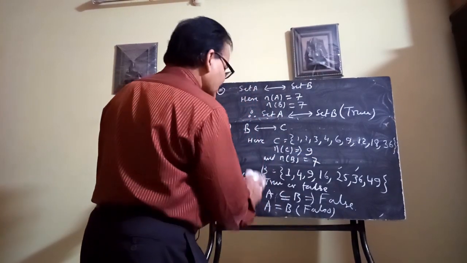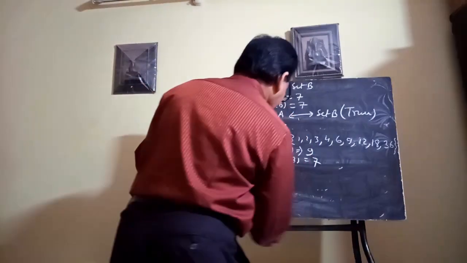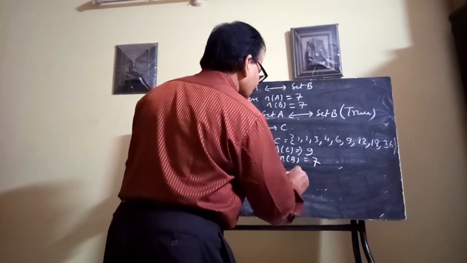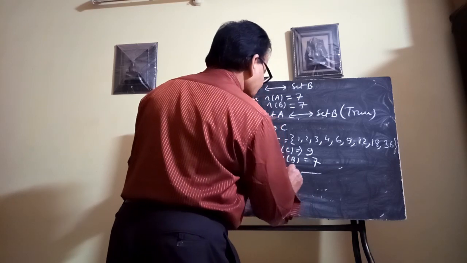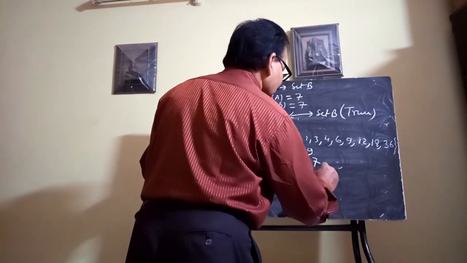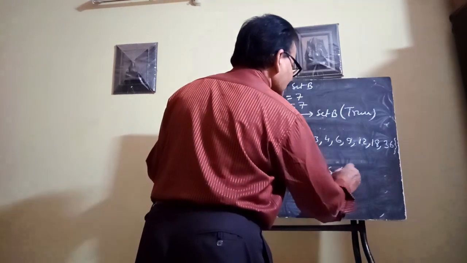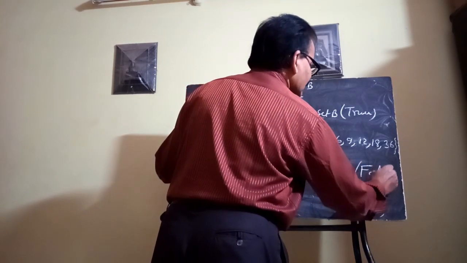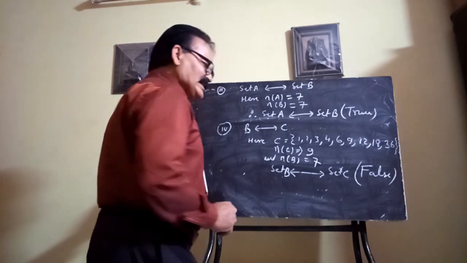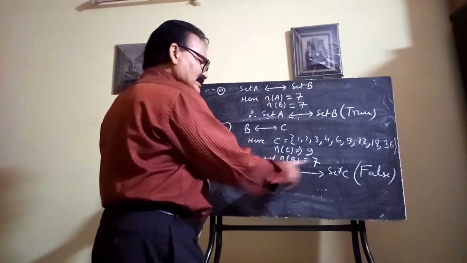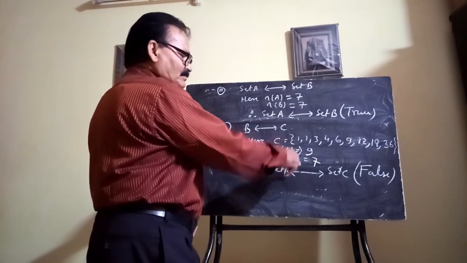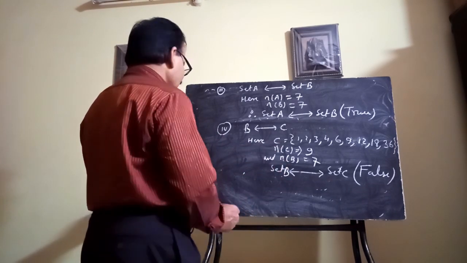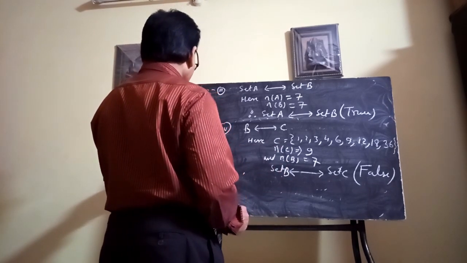So therefore you can write that set B is not equivalent to set C. So therefore it is false. This symbol stands for equivalent, but it is not equivalent because the number of elements of set C and set B are not equal. Clear? So you have got it.